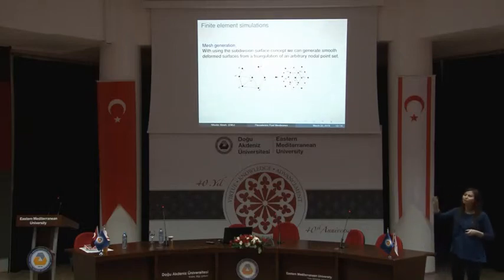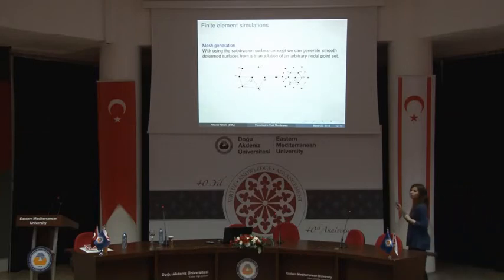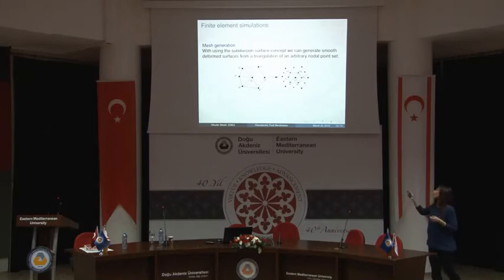Another method that we apply for this system is fully numeric, which is finite element simulation. It starts from the very initial mesh. We have a mesh of 2,500 nodes connected to each other, and then we go through the subdivision of the surfaces. We start from the triangular mesh, and after each time step, we let the system equilibrate until the system doesn't move anymore.